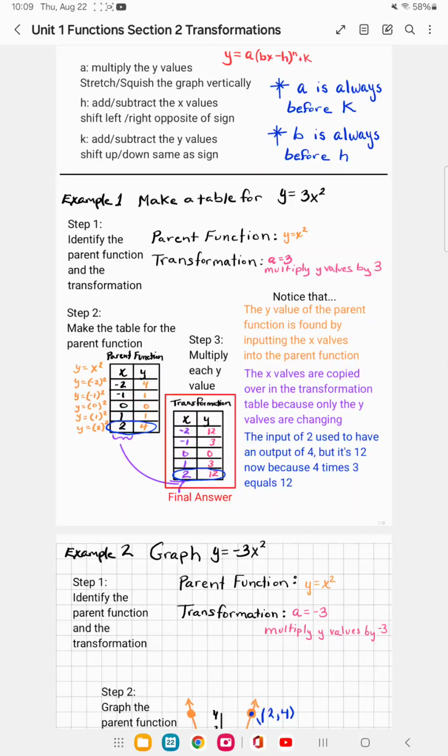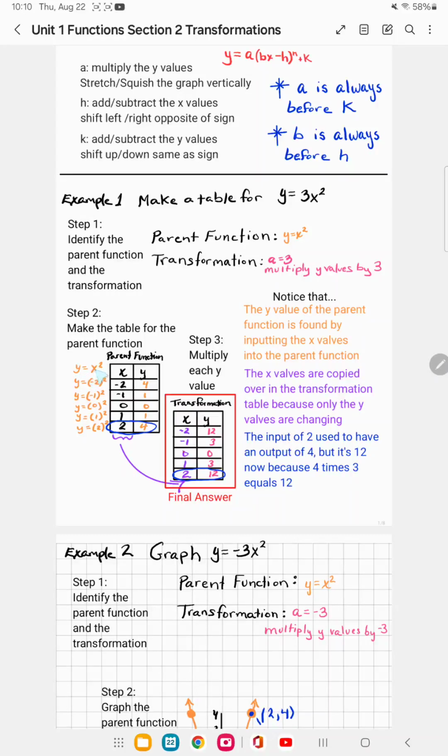These are the ones that make the most sense in this case. After we've used these numbers in our table, we're going to have to find what y is. And we do that by looking back at our parent function, because this is the parent function table, and we fill in the x value into the parent function equation.